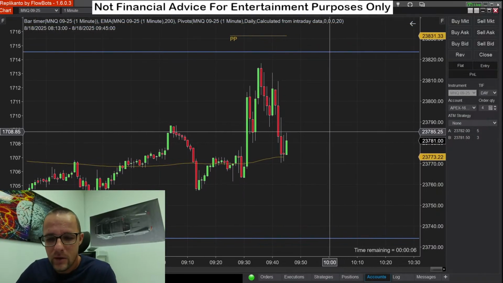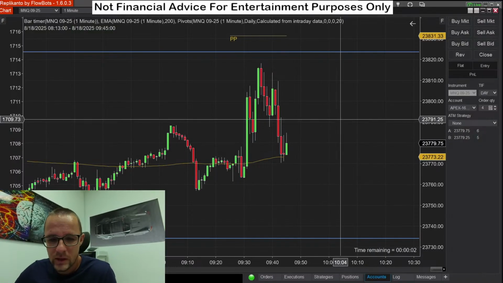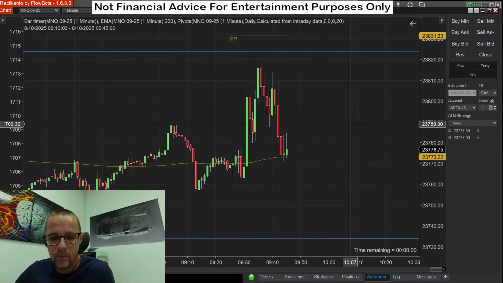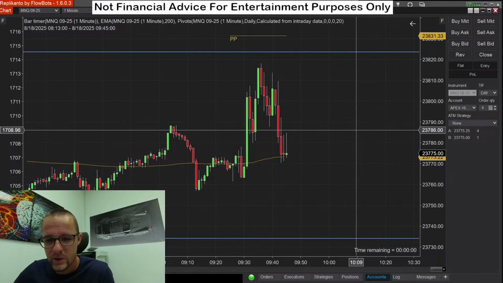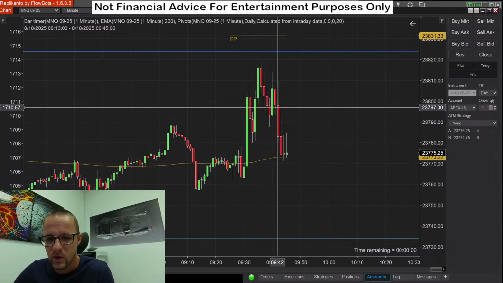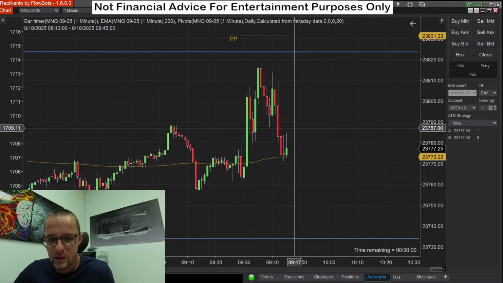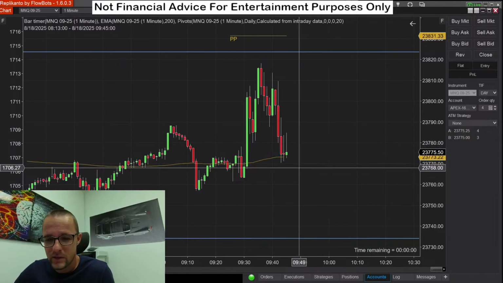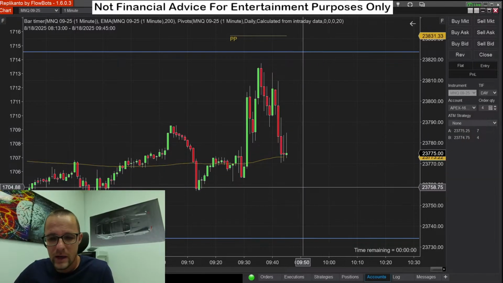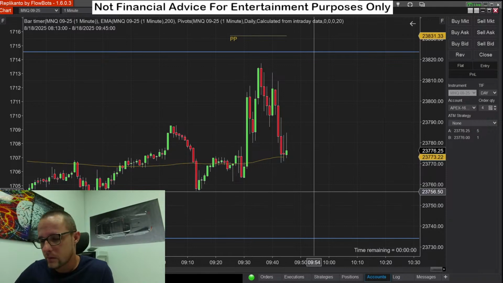Right, it's trying to bounce off that 200. Pushing up, holding this maybe as resistance to go lower. Old support turns into new resistance, right? So we were holding this as support, broke it down. Now it's trying to retest it as resistance to maybe continue going down. See what happens. We got that level down there.